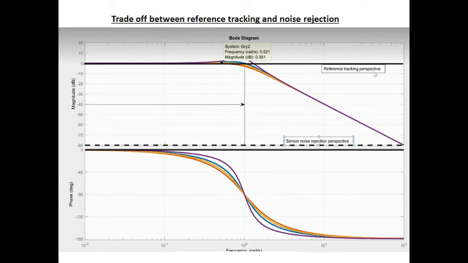So we can choose a reference such that its frequencies are smaller as compared to the sensor noise, and hence we track the reference and reject the noise. So we reject the high frequency noise and track the low frequency reference.